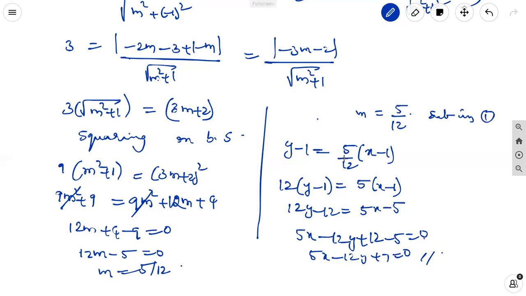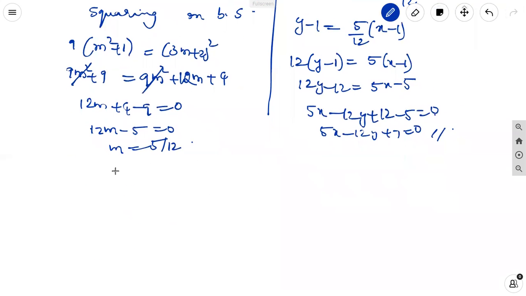And for the other line equation, 9m square is cancelled on both sides. That is, m square is cancelled, so the coefficient of m square is equal to 0.